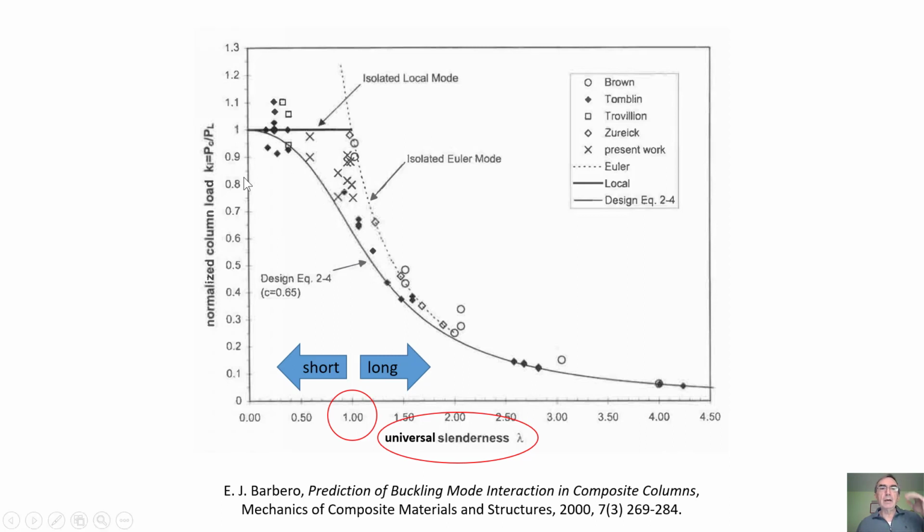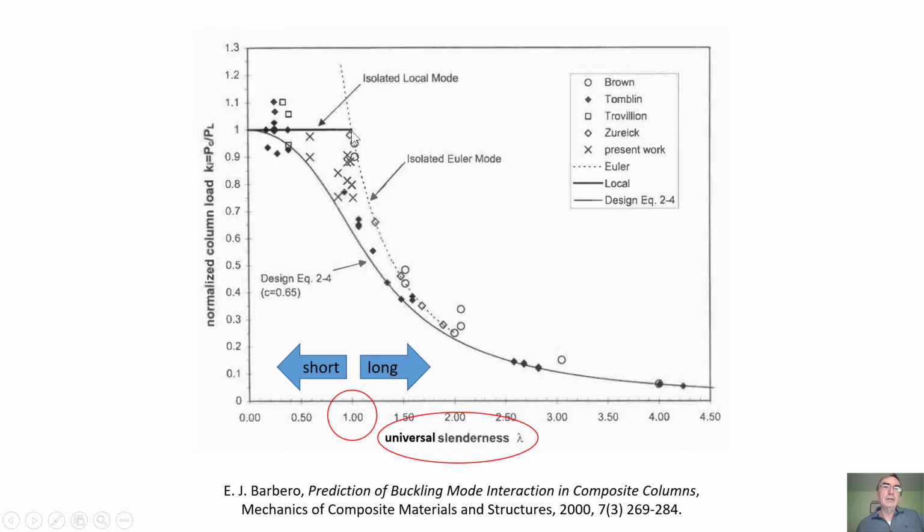Okay, now the next thing I want to talk about before I move on is why are we so interested in this region, the critical region? That is because the local buckling load PL is the maximum load that you can attain practically with a column that you pay good money for.